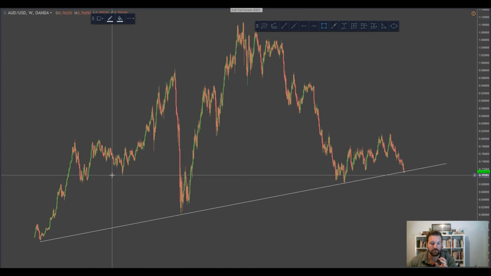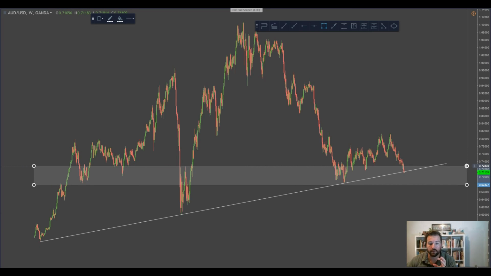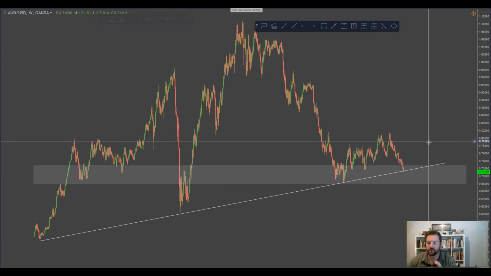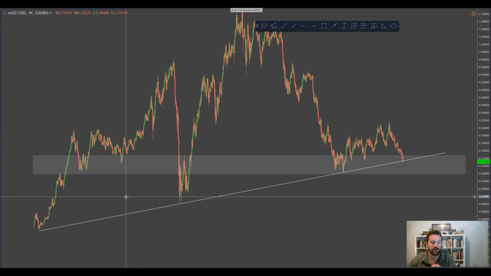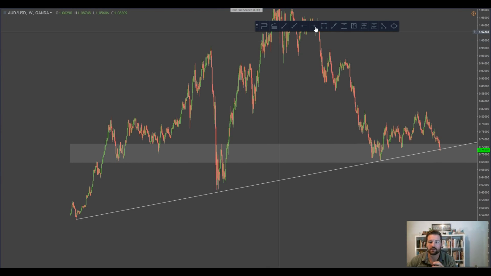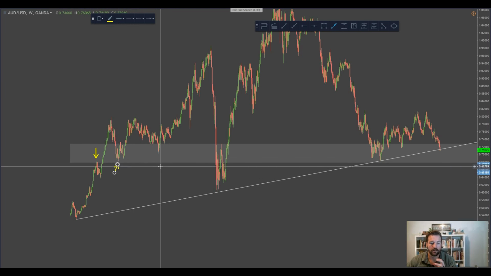A good example of that zone is this whole general area here. I know this is a huge zone, we're on a weekly chart, but as a whole you can visibly see the resistance and support in and around this zone.